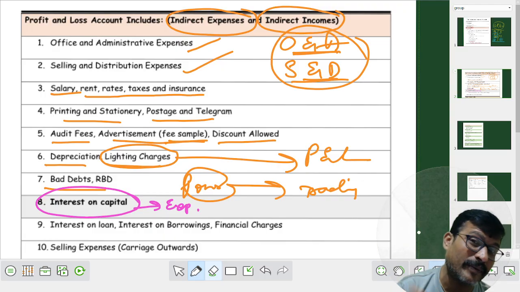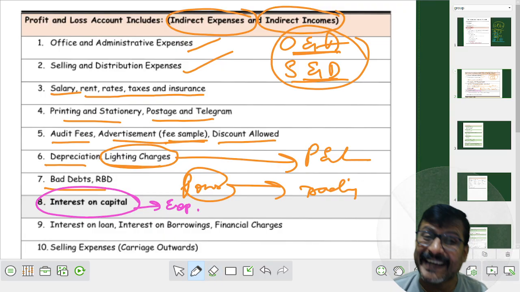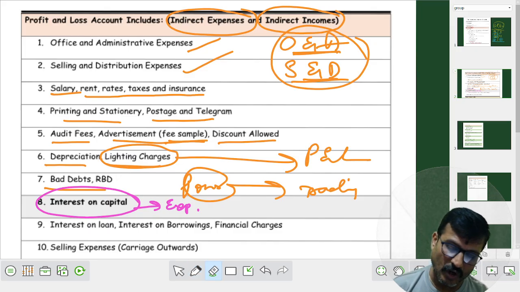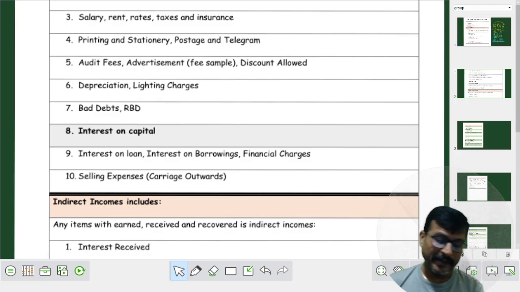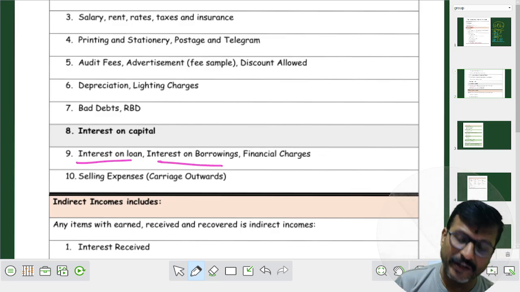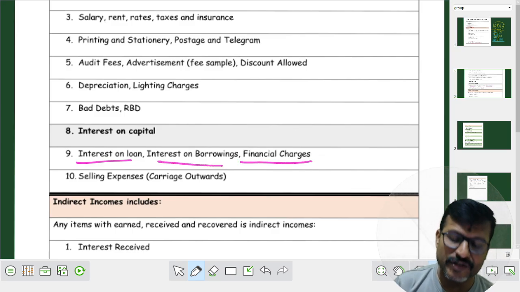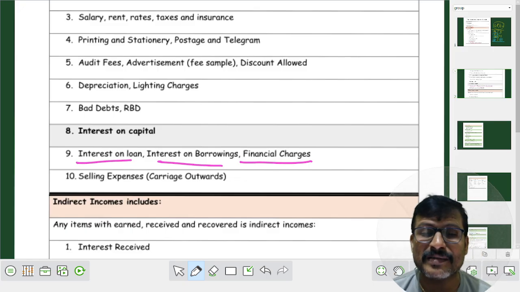We have to think from the business angle. For the business, interest on capital is expense, interest on drawings is income, my dear student. Please remember, interest on loan is expense, interest on borrowing, financial charges, all these are termed as indirect expenses.